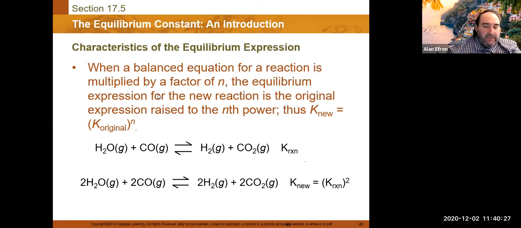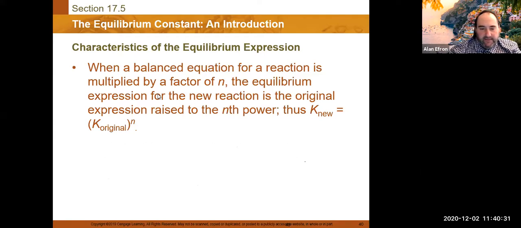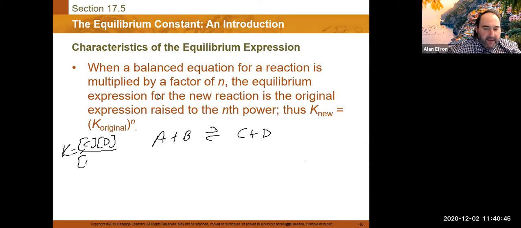Let's look at a simpler way of seeing this. Let's say we had A plus B goes to C plus D. The K value for this would be C times D divided by A times B. Now, let's say I needed 2 of everybody here, so I multiplied this entire reaction by 2 and put a 2 in front of each species.